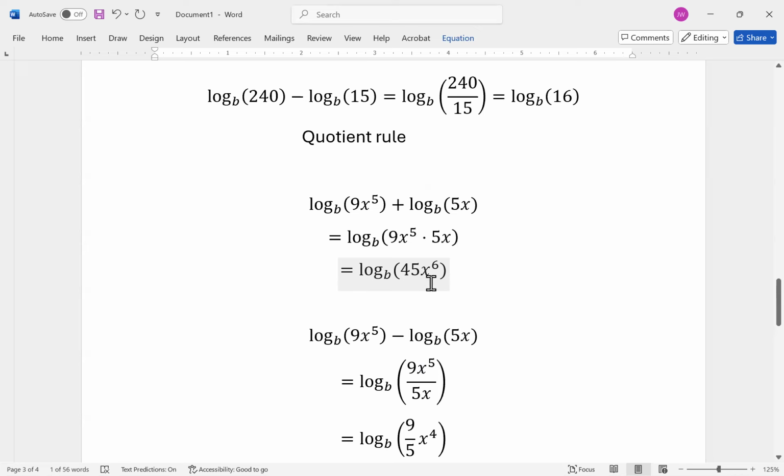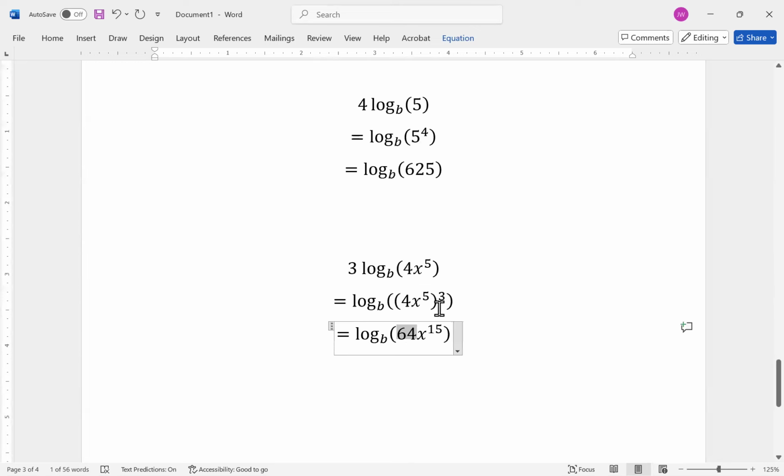I have to take the entire argument raised to a power and then take that power outside if I want to take a power outside. Same thing here, when I take the argument to the third power, I need the entire argument inside of that log to be raised to the third power. So that's how we use the power rule.